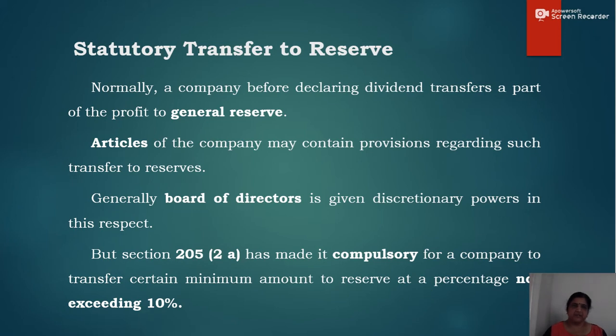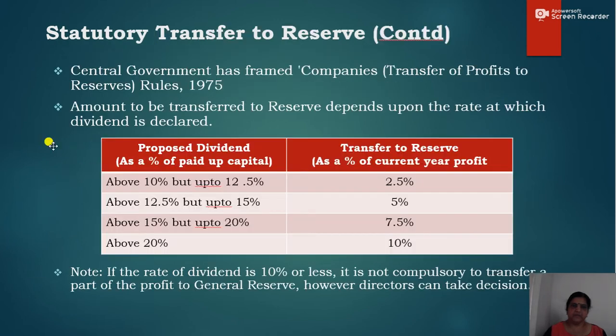Now, regarding statutory transfer to reserve, the central government has framed the Companies (Transfer of Profits to Reserves) Rules, 1975. So apart from section 205 subsection 2A, the central government has also framed these rules in this regard.